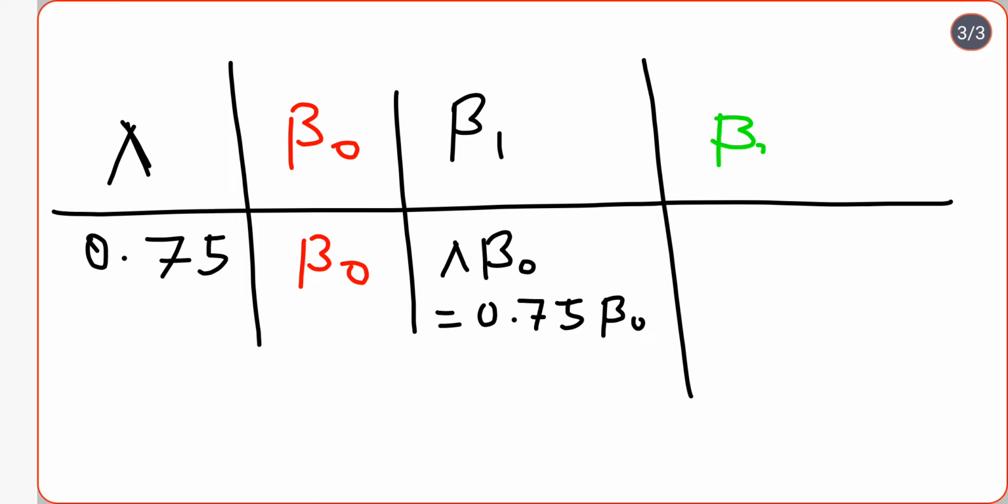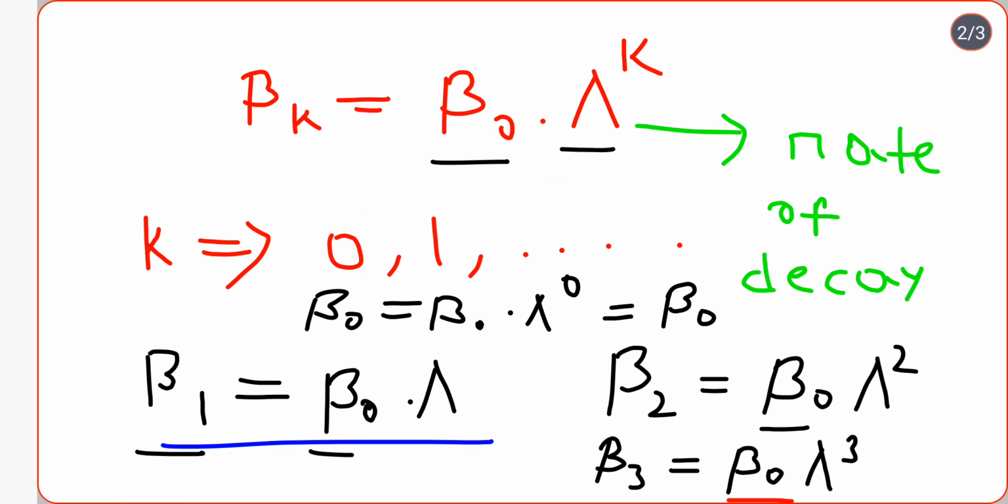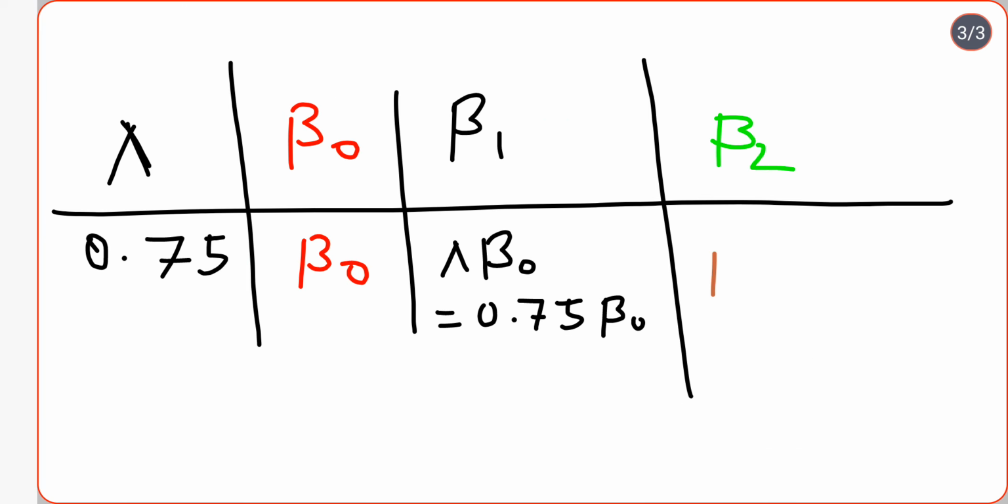As you can see from the previous slide, beta 2 is nothing but beta 0 into lambda square. Here lambda is 0.75, and if I calculate 0.75 into 0.75, that is 0.75 square.